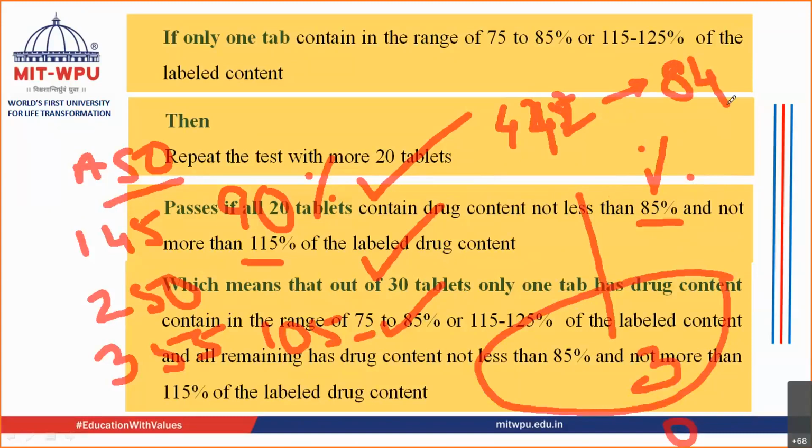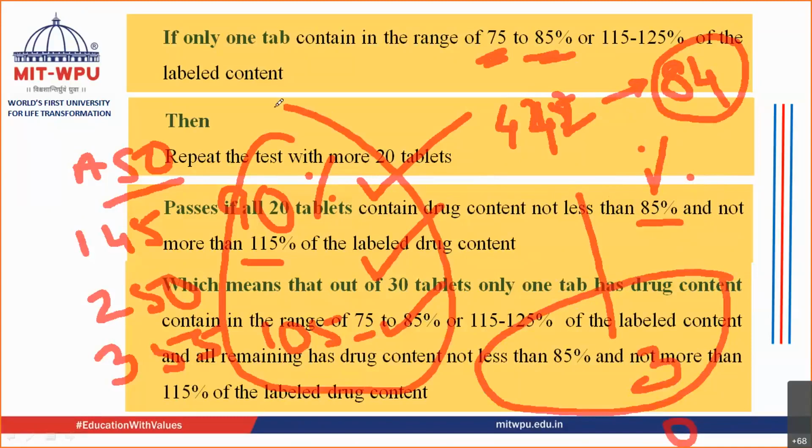So 84 is less than 85, but it is above 75. So like this, one tablet is allowed, if the others are in the proper range, like 90, 105, 106, 110, 95, 98, 86, 87. These are the other tablets, whereas one tablet is 84.